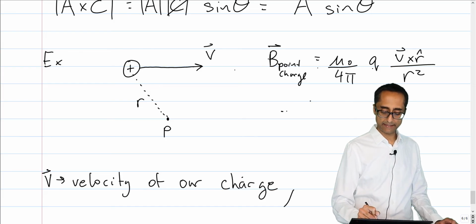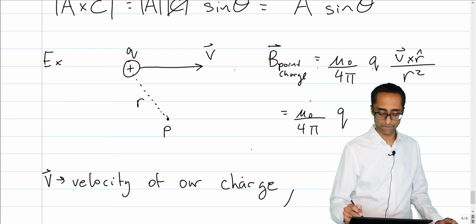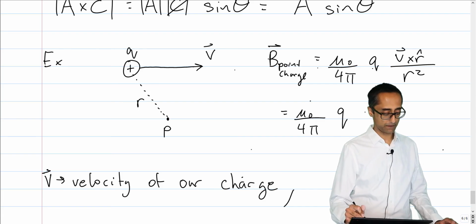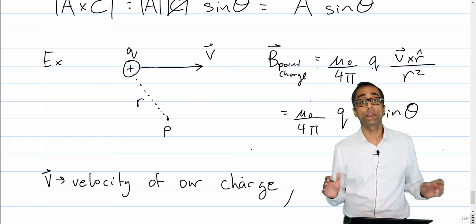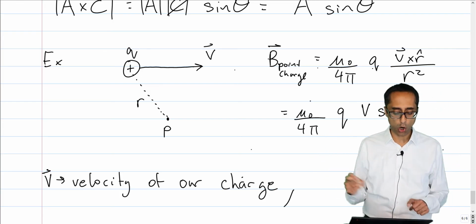Now clearly that, once we look for the magnitude, becomes mu naught over 4 pi. That's a constant. Q, the charge of my charge Q, I have that. And then instead of V cross R hat, I actually have V sine of theta, where theta is the angle between V and R hat. I don't see R hat there. I know what R is.